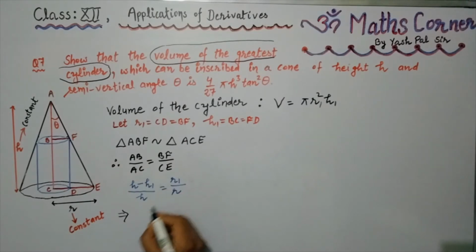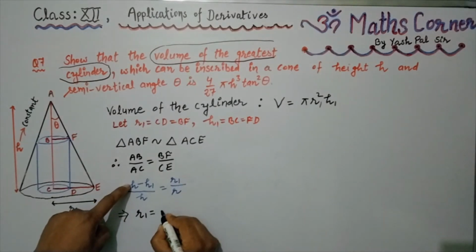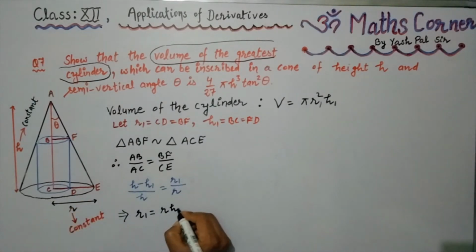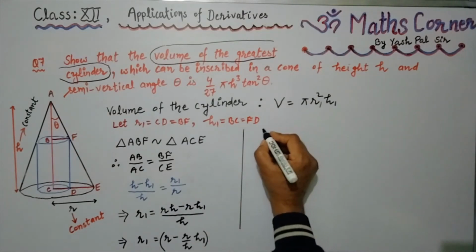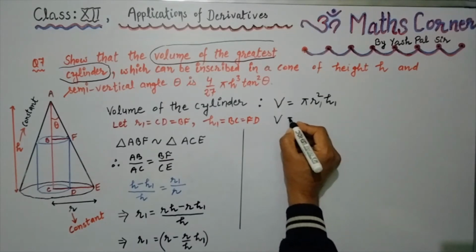From here we can conclude this is R1 equal to R into H minus R into H1 divide H, or we can say R1 is equal to R minus R upon H into H1, right? So this value we are going to insert here.